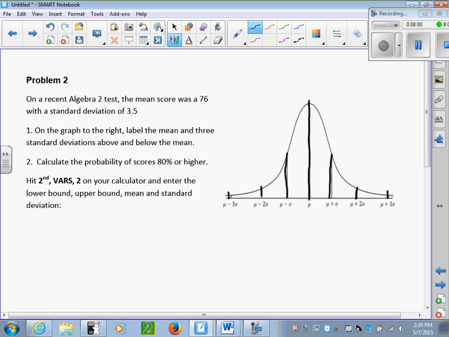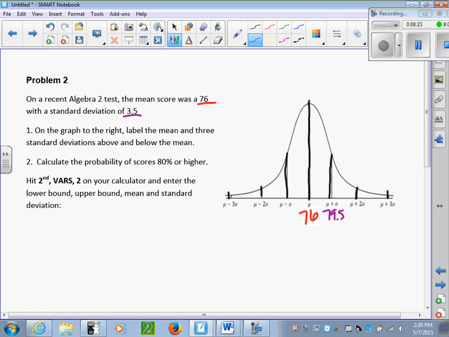Okay, so it says, on a recent Algebra 2 test, the mean score was 76. All right, so my mean was 76. Normal distribution, mean goes in the middle. With a standard deviation of 3.5. All right, so I'm going to add 3.5 going up my bell curve and subtract 3.5 going down. So this gives me 79.5, right? Just adding that 3.5.